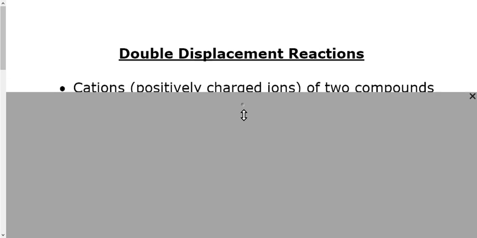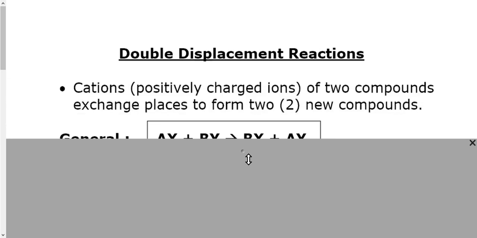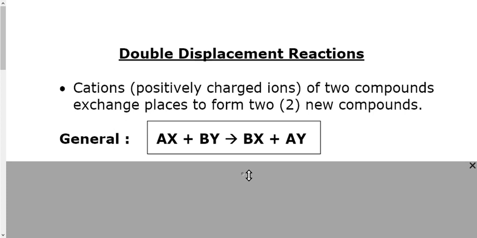So what happens in double displacement reactions? Here you've got two cations, and cations are positively charged ions. I usually remember cations means positively charged because in the word cation there's a T, and it looks like a plus sign. These two ions are found in two compounds, and they're going to exchange places to form two new compounds.